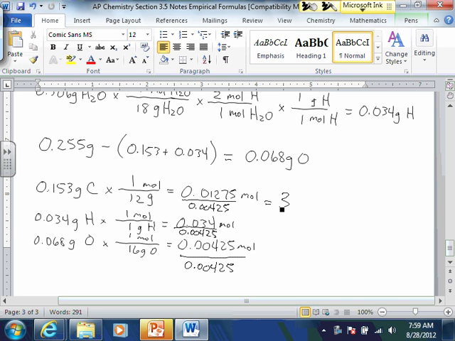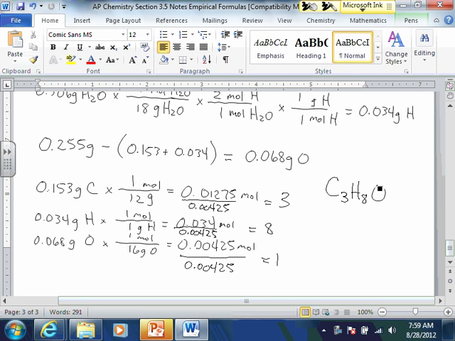Getting 3 for the carbon. Getting 8 for the hydrogen. This is working out well. And 1 for the oxygen. Okay, so our empirical formula here, which actually ends up being our molecular formula as well, C3H8O. Okay? And so that's how you do that.